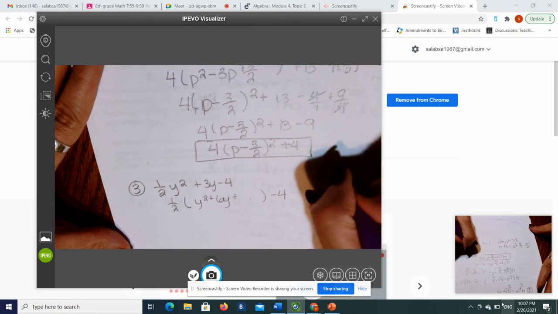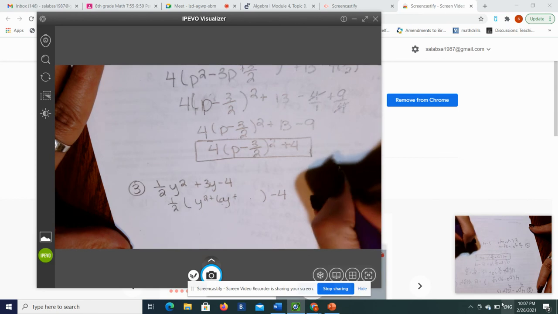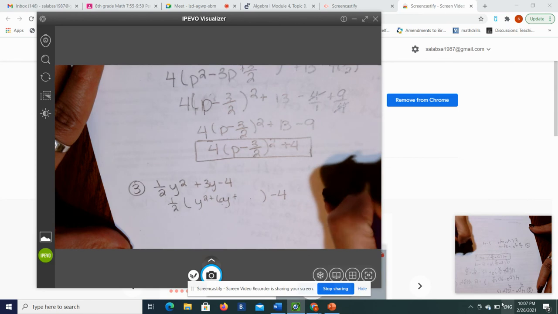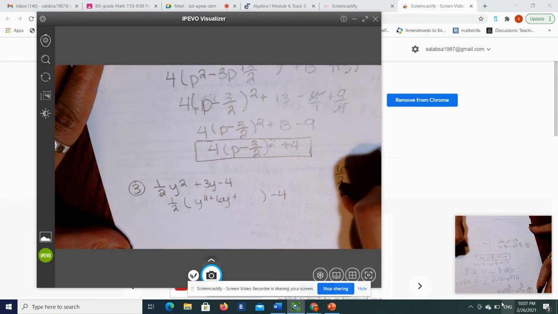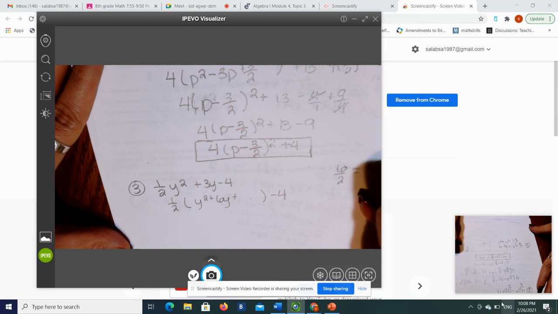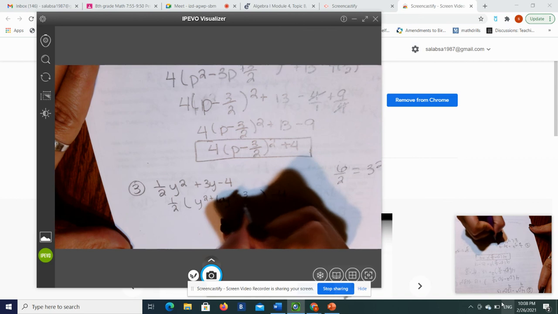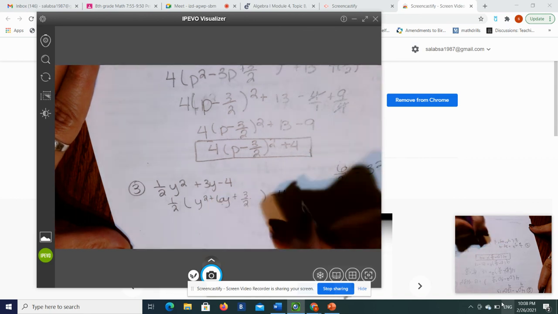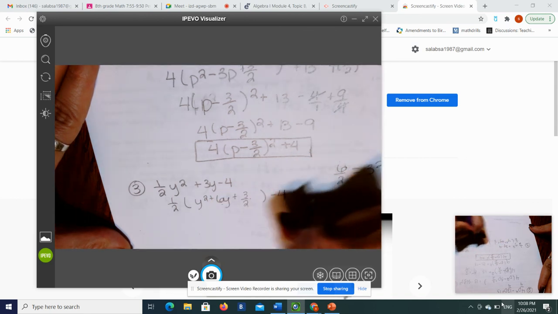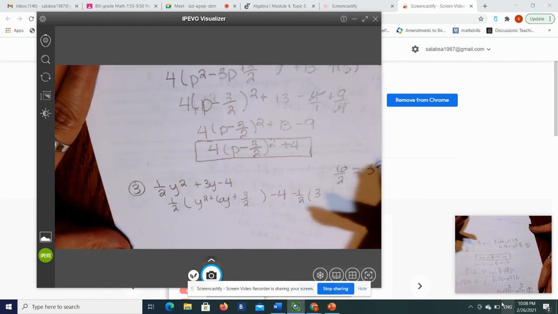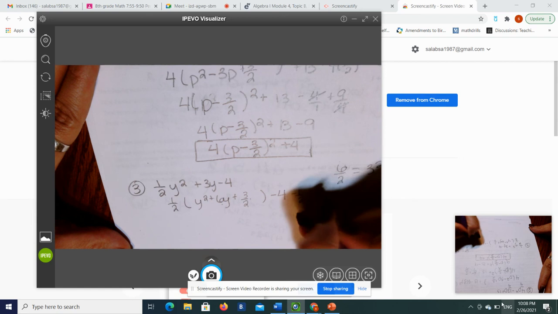Now we're going to do over here. Our b is 6. You got 6 over 2 equals 3. 3 squared is equal to 9. But I'm just going to leave the 3 like this right here. Then you got minus 1/2 times 3 squared.